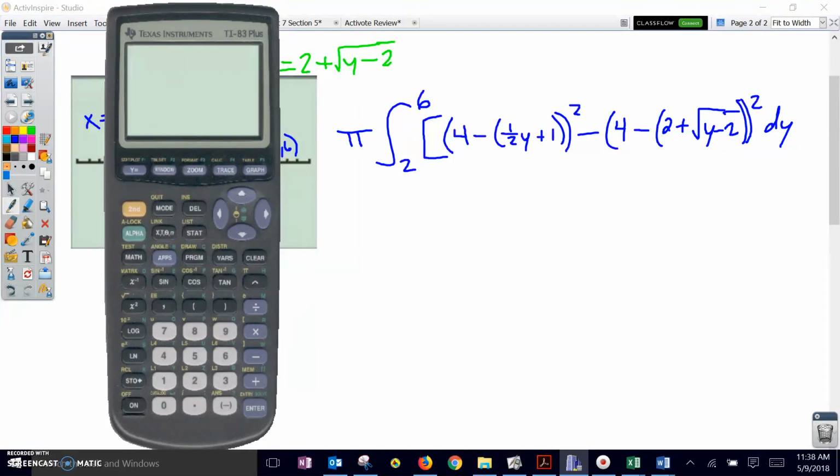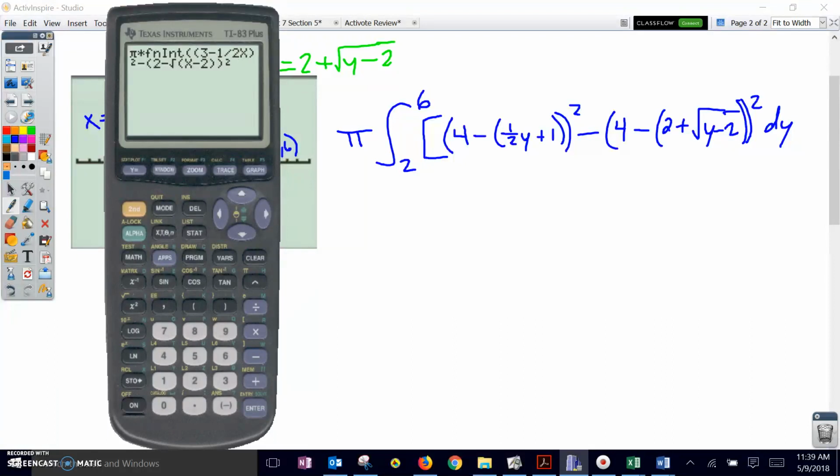So we've got pi times the integral of our outer radius, which is going to simplify to 3 minus 1/2 y. I'm going to use x in my calculator, doesn't really matter. Minus, let's see, that's going to be 2 minus the square root of x minus 2.